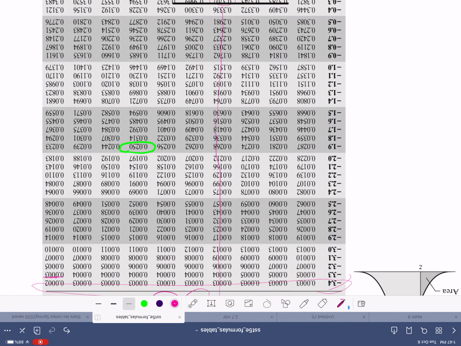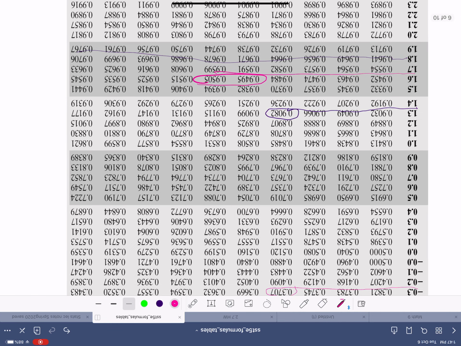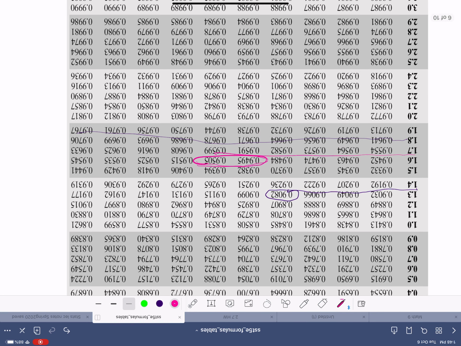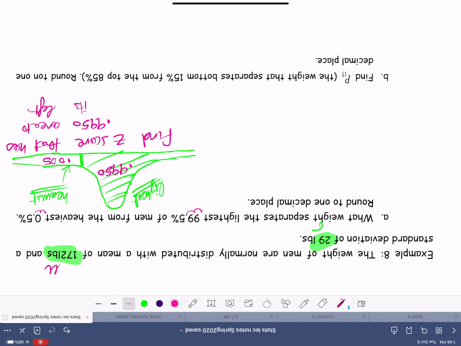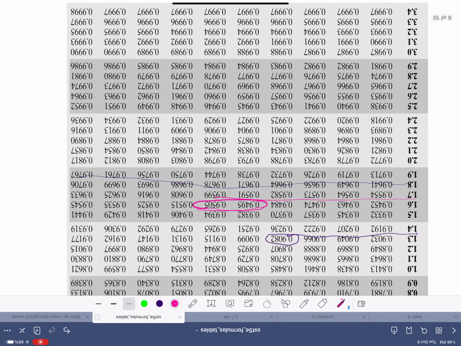Okay, 0.9950, it's going to be a positive z-score. And let's see, where's 0.9950? Yeah, 0.9950. Okay, here we go.